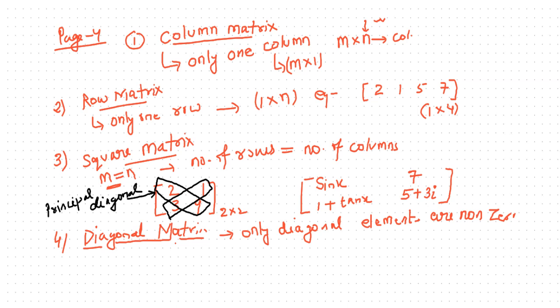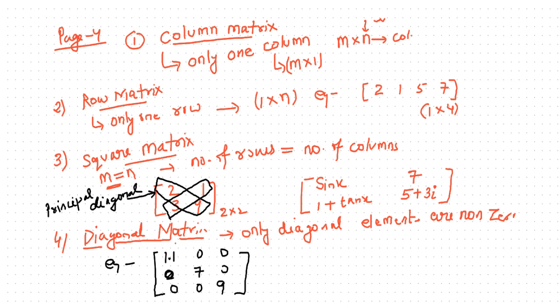This is simply a diagonal element. The one which starts from the first row and first column and moves till the last element of the last row, that is the principal diagonal. You will see the example of a diagonal matrix as I write a 3 by 3 matrix: 1, 0, 0, 0, 7, 0, 0, 0, 9.